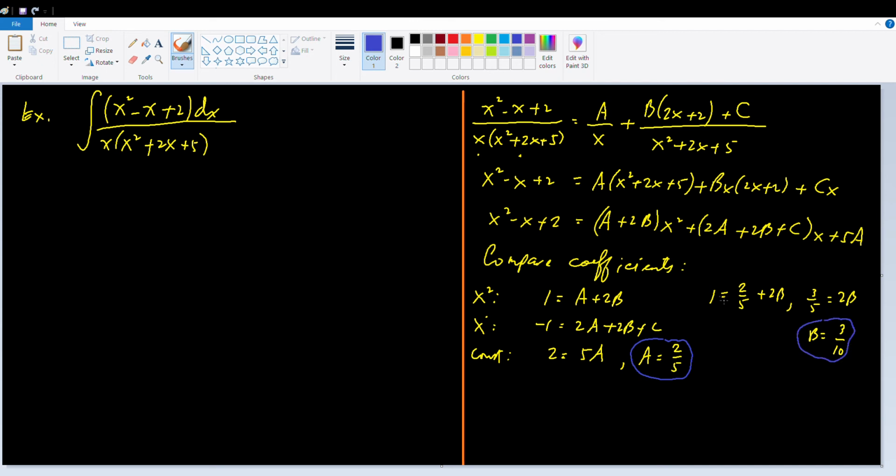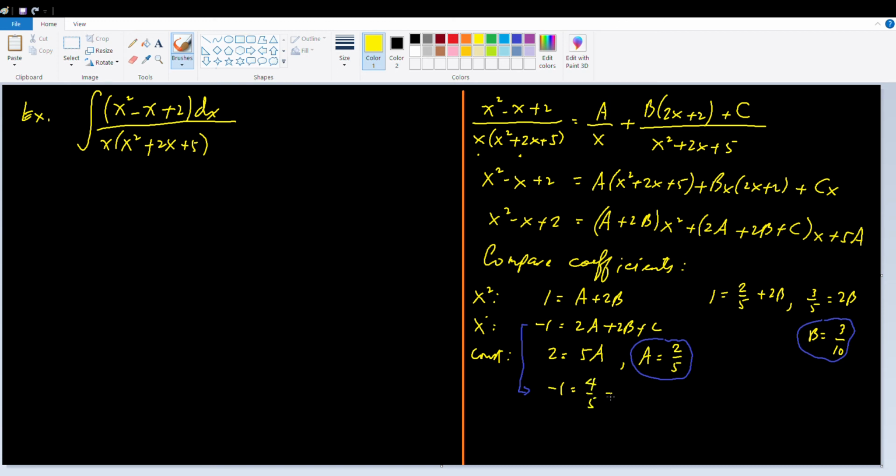Okay. And then, how about the value of c? So let us substitute it here. Negative 1 equal to 2a. So 2 times 2 pi is 4 pi.